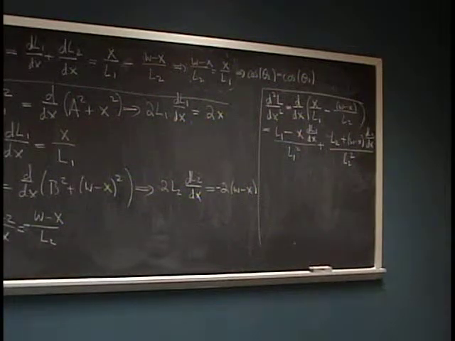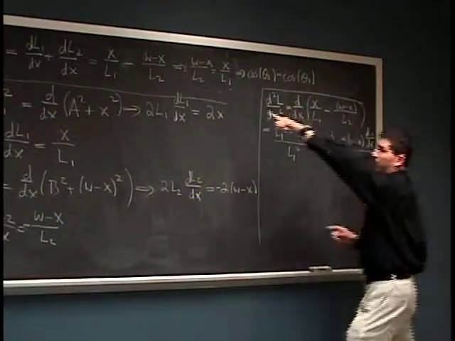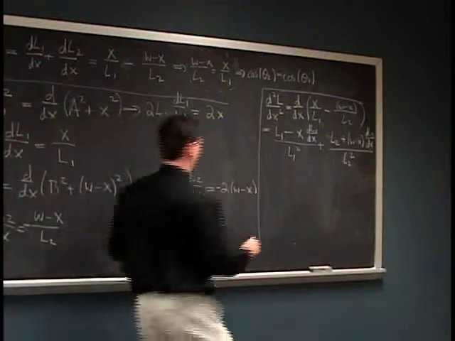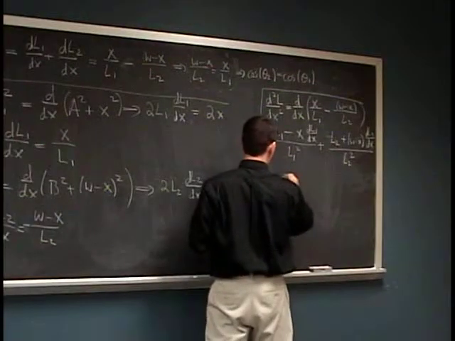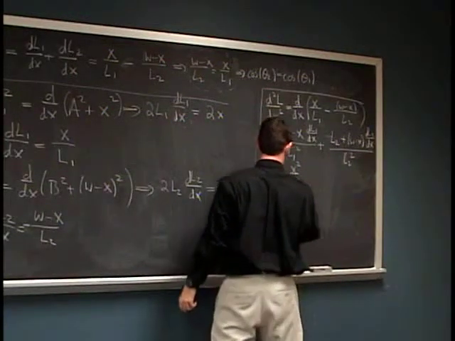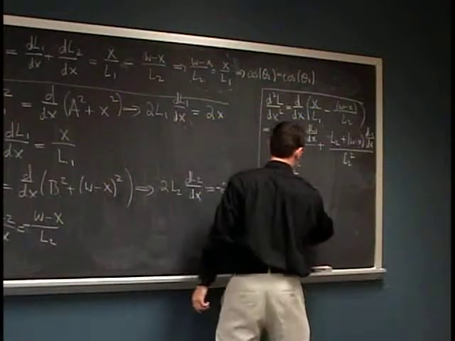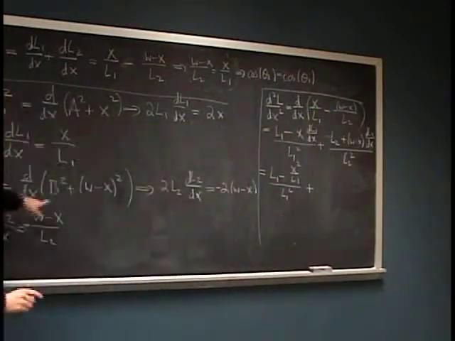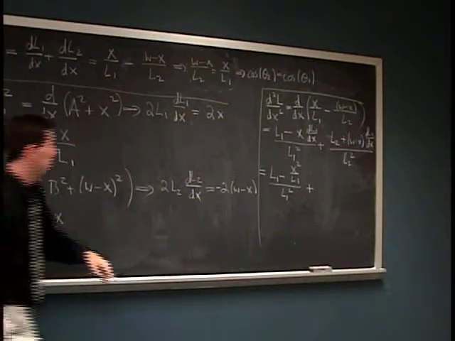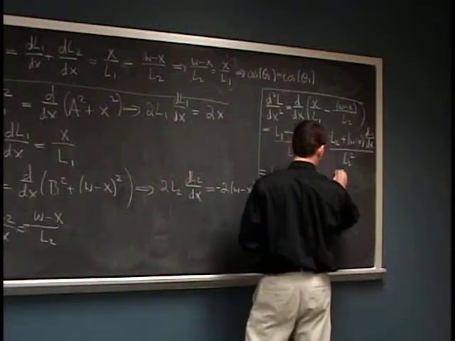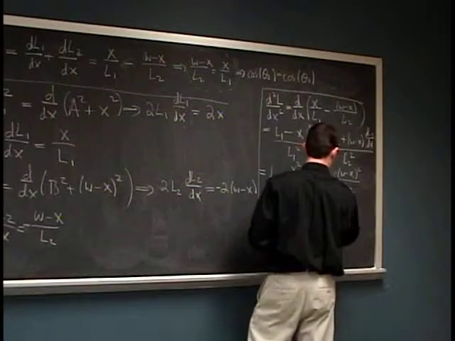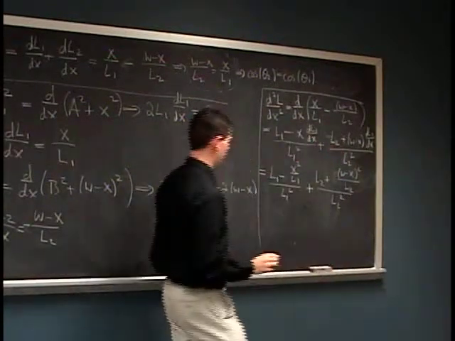So looking at it first, realize, wait, dL1 dx, we actually already know an expression for it. It's just x over L1. So I can make this L1 minus, well, x times x over L1 is x squared over L1, over L1 squared, plus, same thing over here, dL2 is (w minus x) over L2. So I get L2 plus (w minus x) squared over L2, over L2 squared.